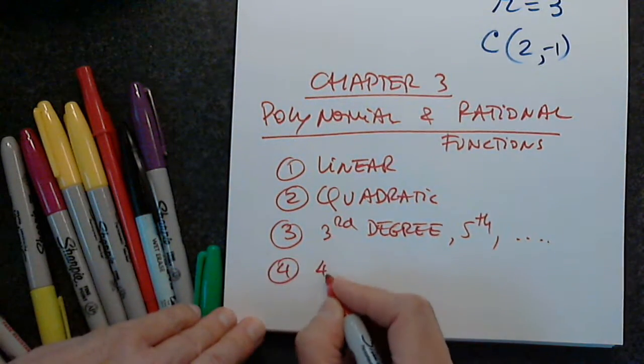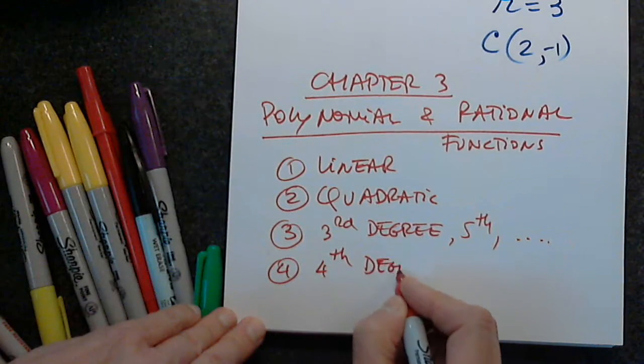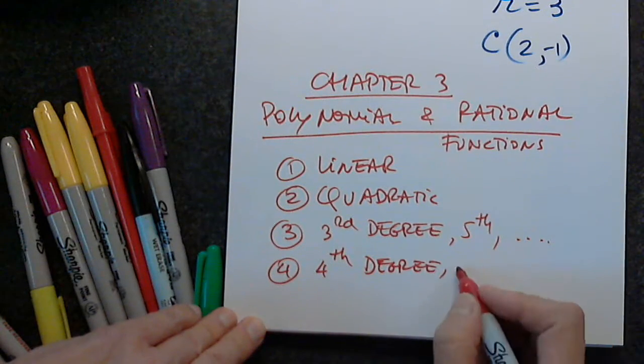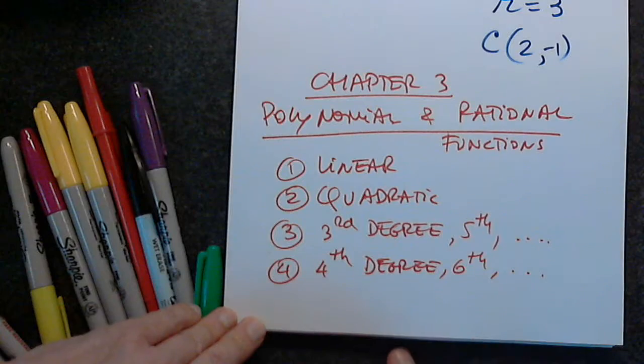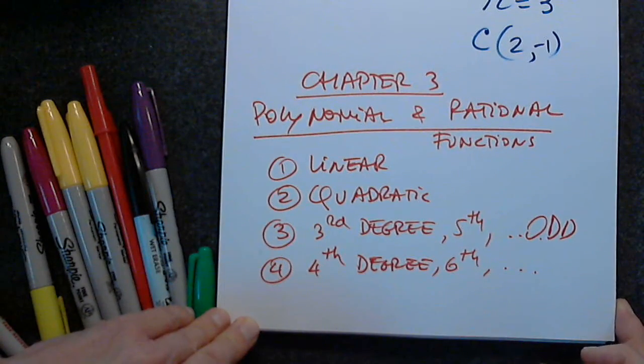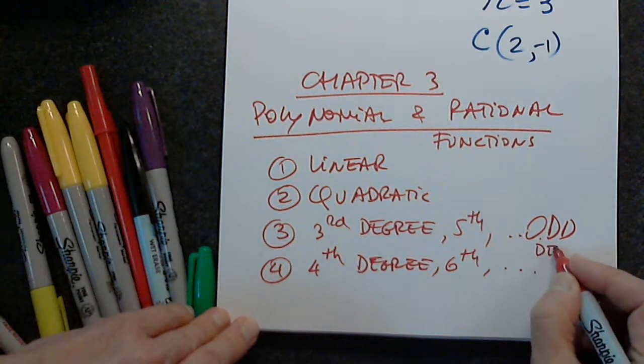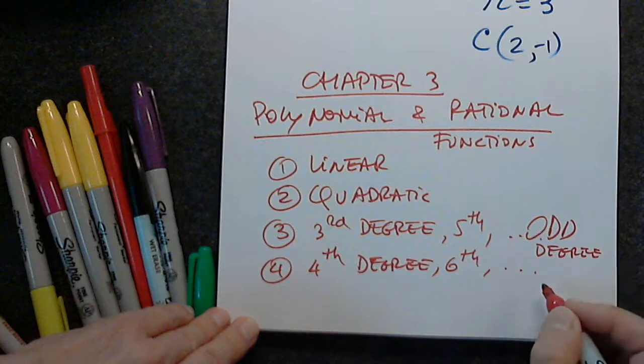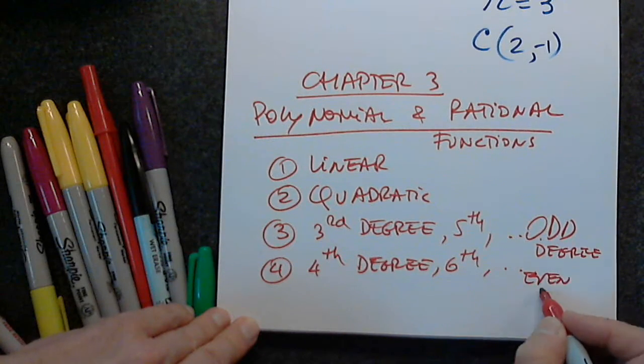And of course, we are going to look at the fourth degree and the sixth and any even. So this is odd, not odd symmetry, right? Not symmetric with respect to the origin. Odd degree and even degree.